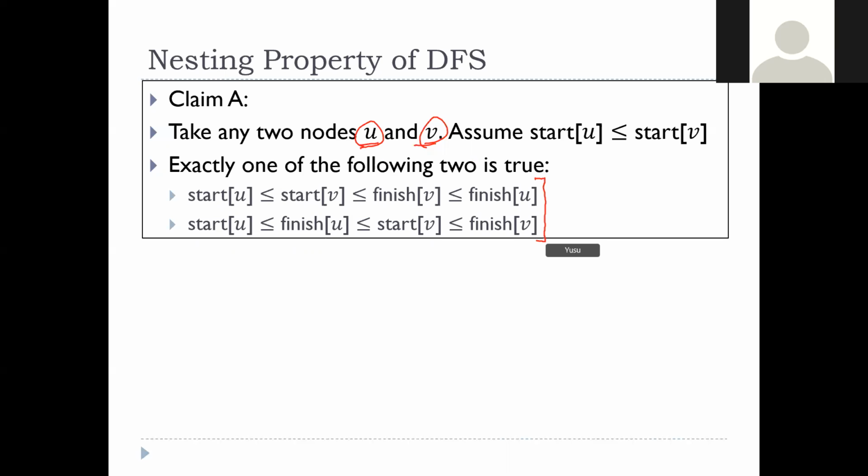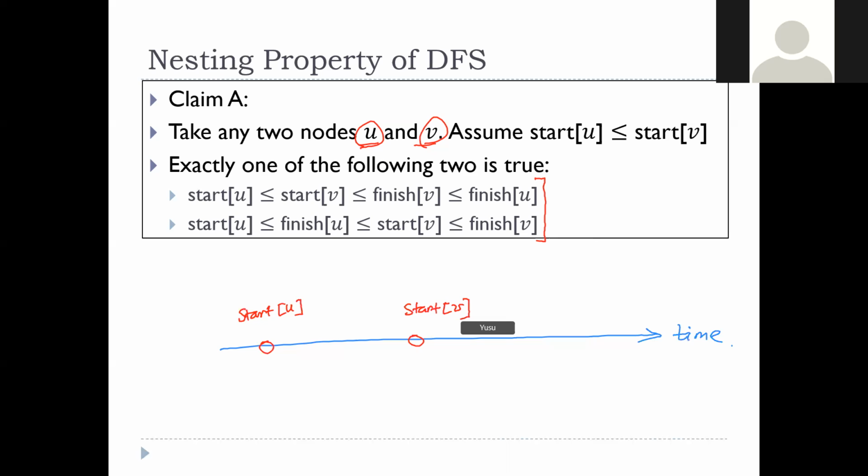What does this mean? Let's just draw a picture to see it. Let's say this is my time, this is the axis of time. Let's say that we first discovered U here, so this is start U. Assume that we discovered V later.